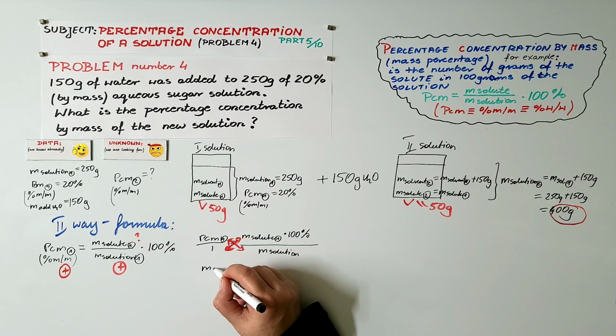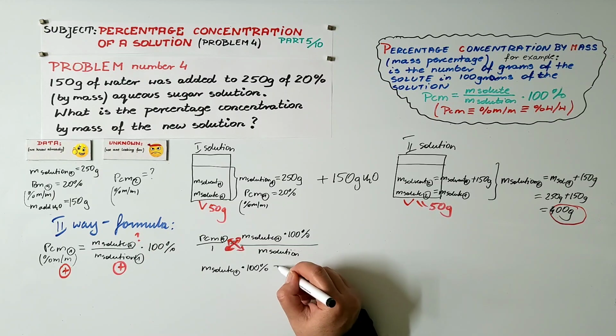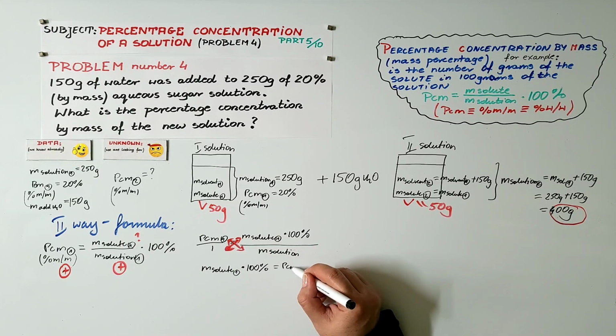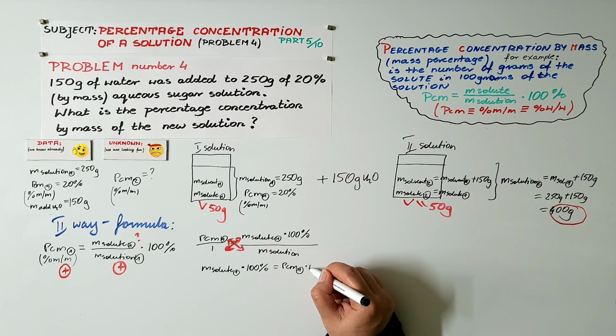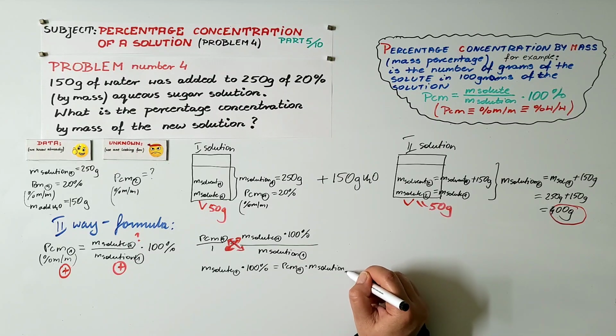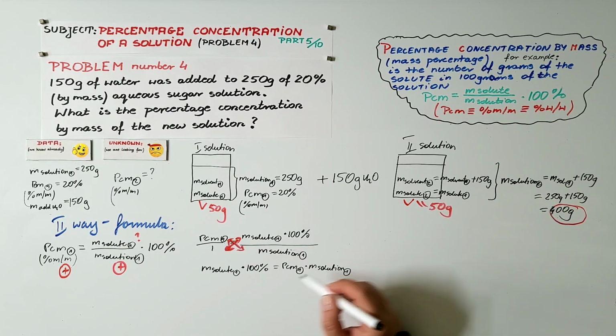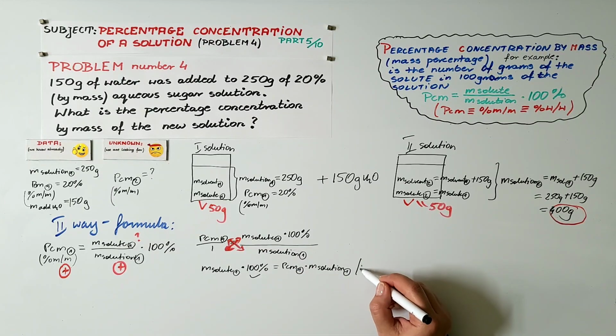So mass of solute times 100% equals PCM1 times mass of solution. To solve for mass of solute, we need to divide both sides by 100%.